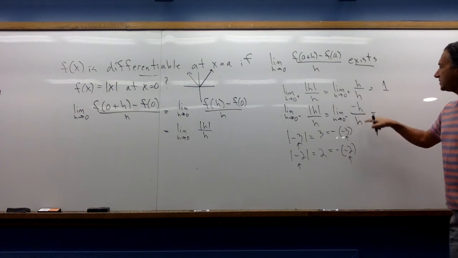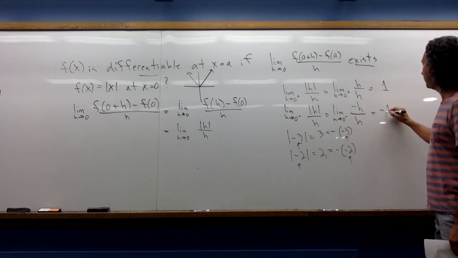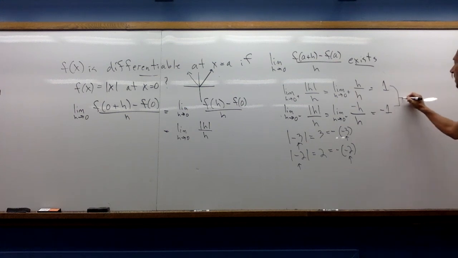Going forward, this ratio is just -1, so this limit is -1. Okay, here's a case where the left hand and the right hand limits don't equal each other. 1 is not the same as -1, so the limit does not exist.